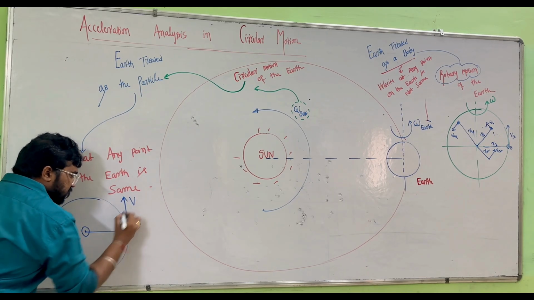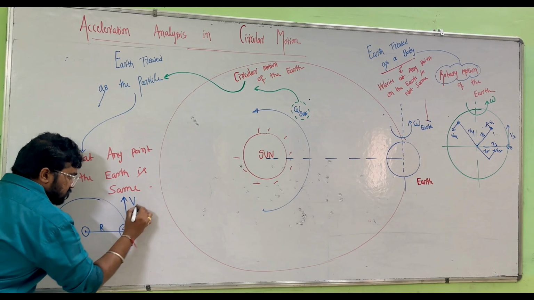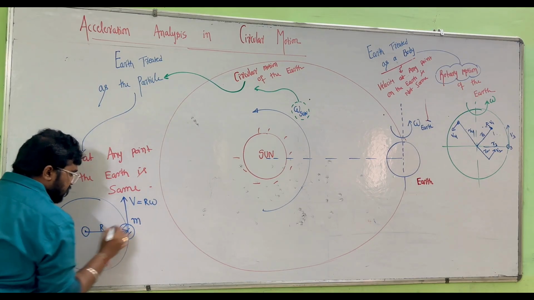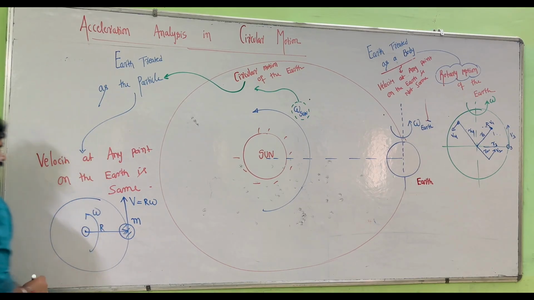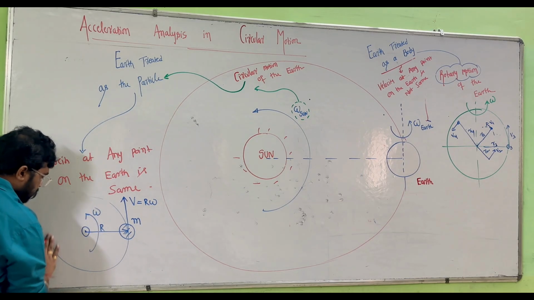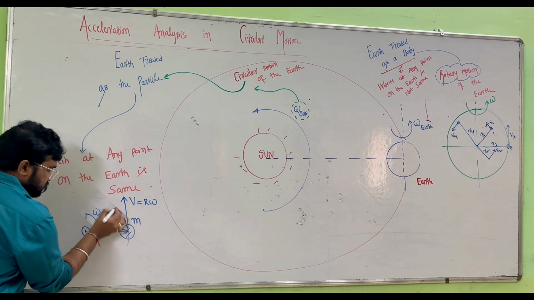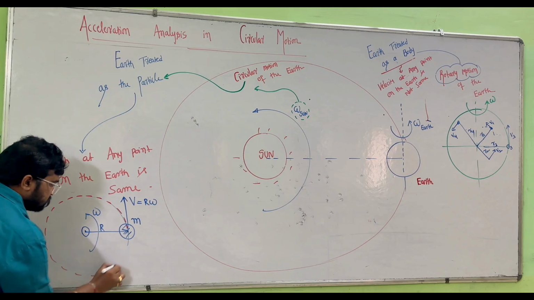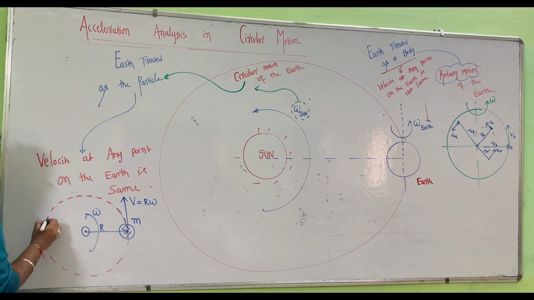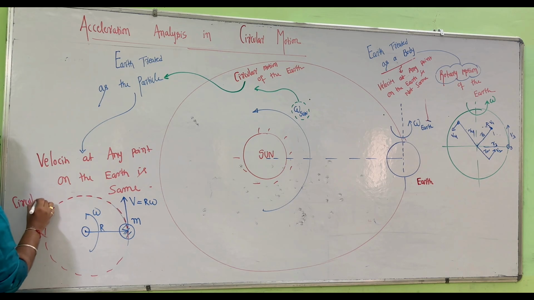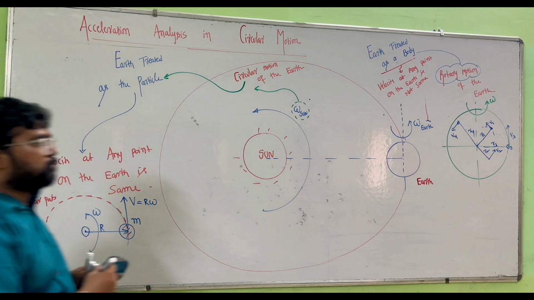Velocity at any point on the Earth is what? This is r omega. This is omega. Understood? So it is rotating. This is the circular path. Particle follows along the circular path.